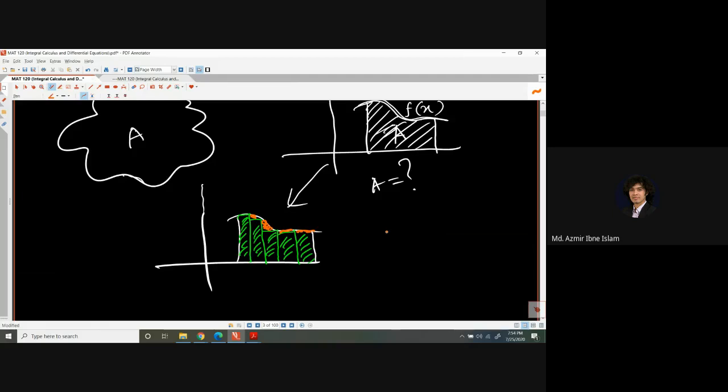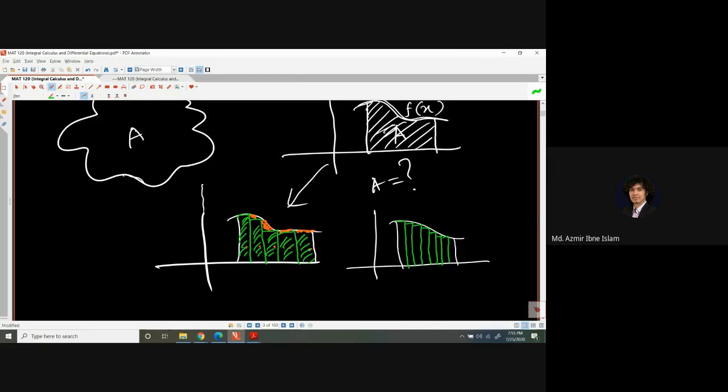area. So what we can do, instead of taking 1 2 3 4 5 rectangles, we can extend the same idea, but this time we can take more and more rectangles. 1 2 3 4 5 6 7 8.